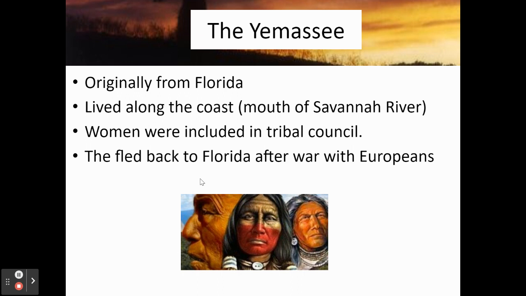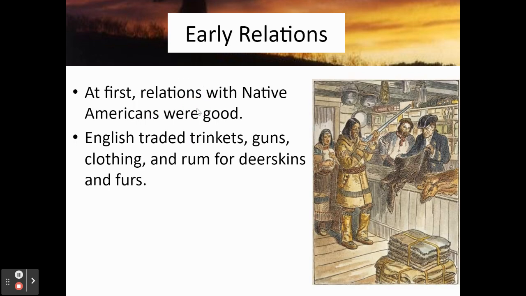European war technology was far superior to what most of them had, and they were like, "Hey, why are we fighting these dudes with guns when we've got bows and spears and stuff like that?" They just used some common sense and headed on out back to where they had come from because, hey, safer pastures, right? We're not being shot at or dealt with harshly by any groups of people there. So they kind of returned back home.